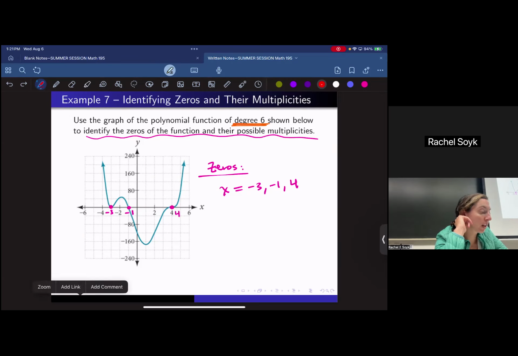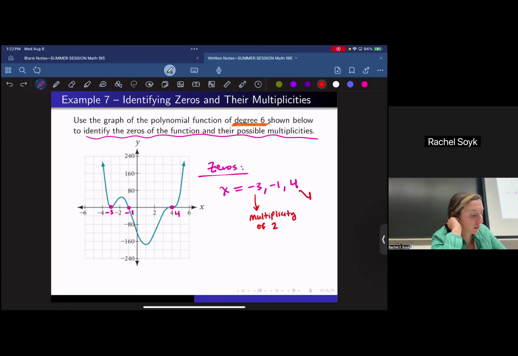It bounces off the x-axis, right? So we have a multiplicity of 2 here. Okay, so now we're up to 4. What about this one over here? Is that repeated? Yeah, right? What multiplicity do you think?